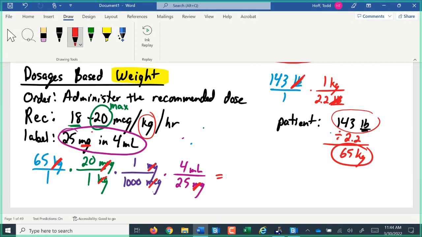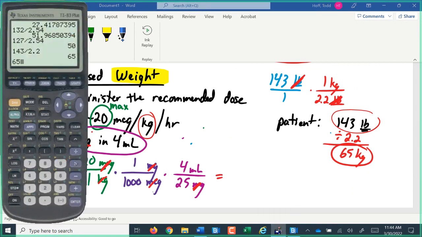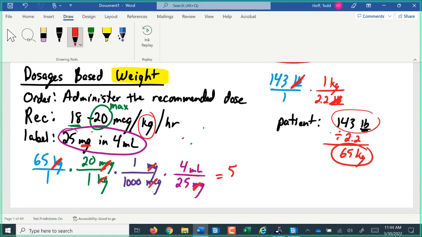We do this calculation. On top, we have 65 times 20 times 1 times 4 milliliters is 5,200 milliliters. On bottom, we have 1 times 1 times 1,000 times 25 is 25,000.